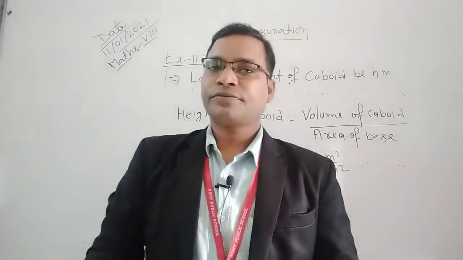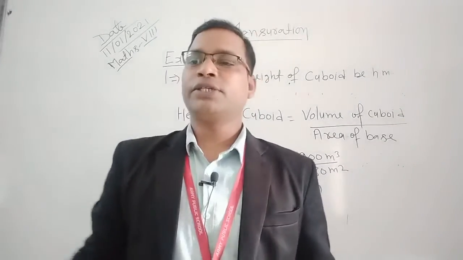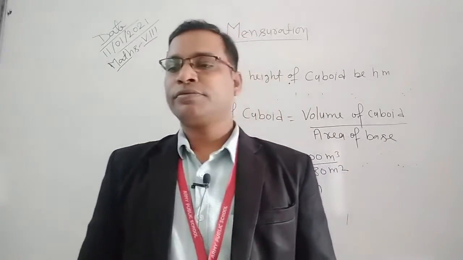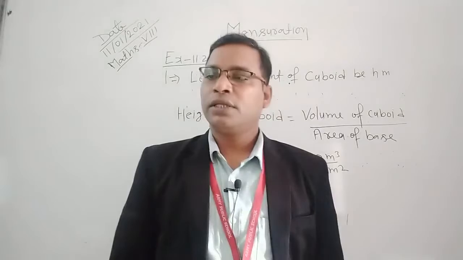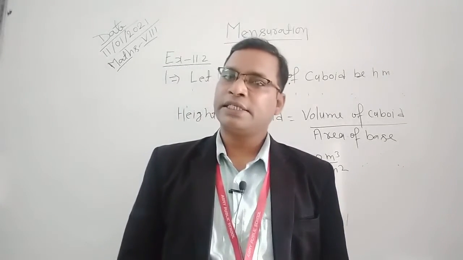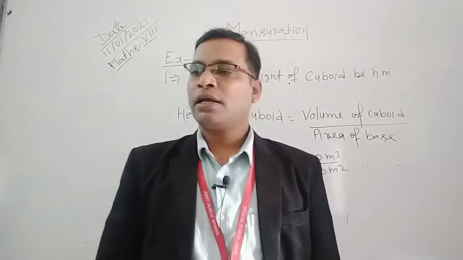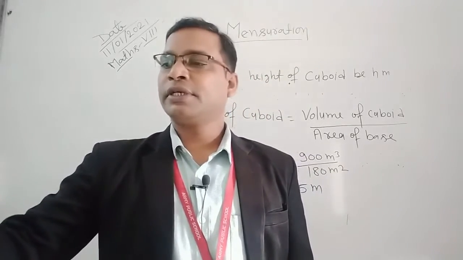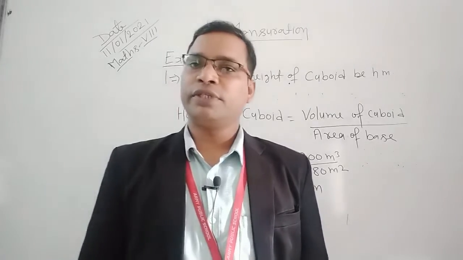So now we are going to discuss the next question of this exercise, question number 2. Find the volume of a cuboid whose length is 36 centimeters, breadth is 30 centimeters, and height is 24 centimeters.